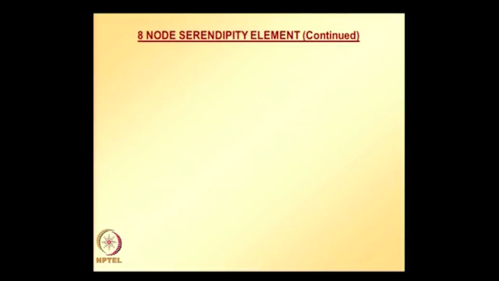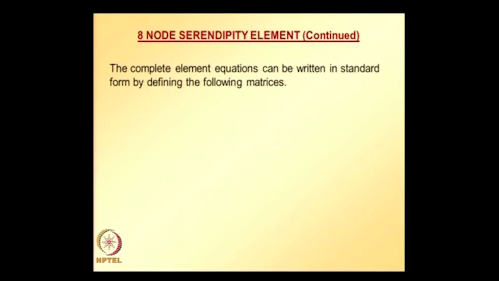So, complete element equations can be written in a standard form by defining the following matrices. This equation looks similar to what we obtained for the 4 node quadrilateral element, except that the dimension is more here.